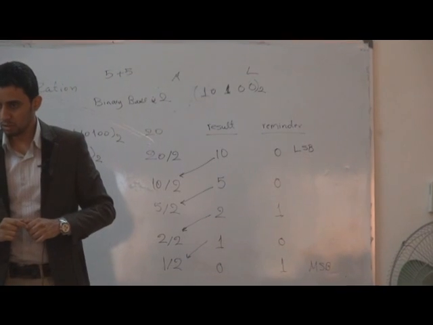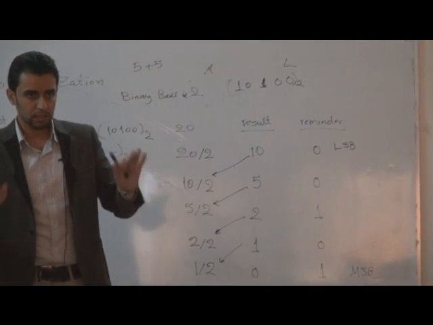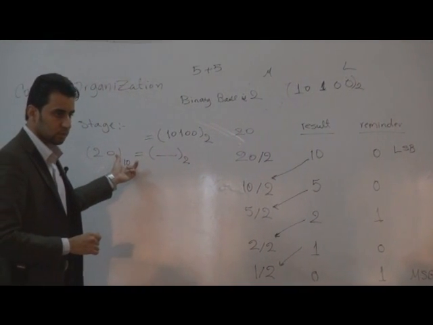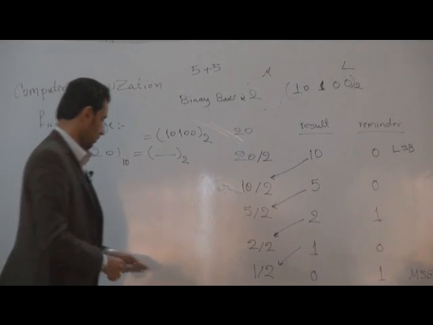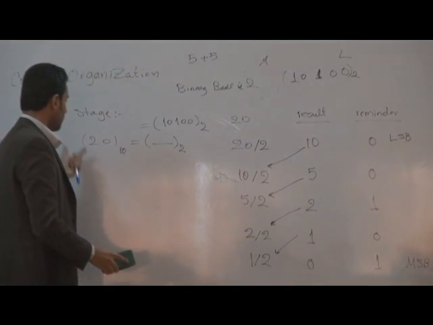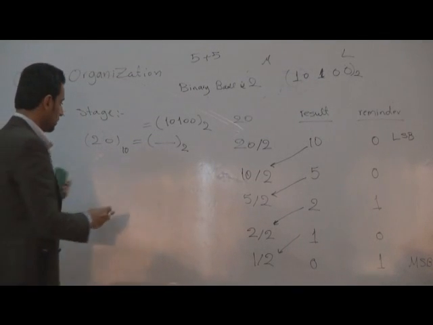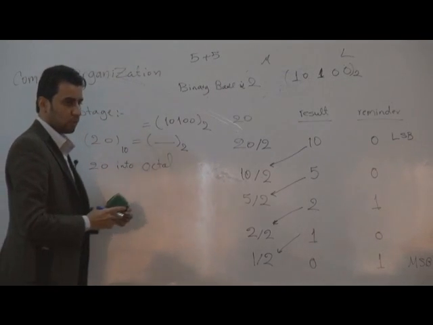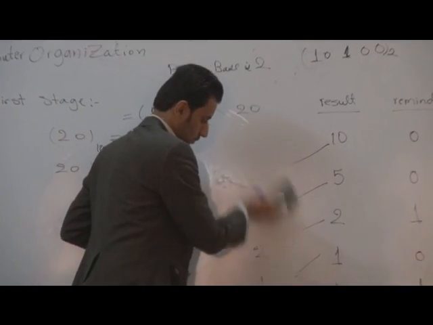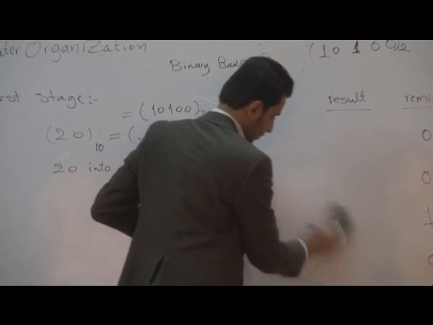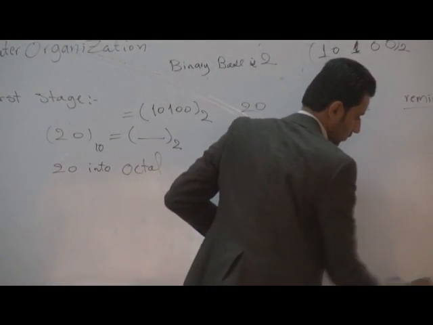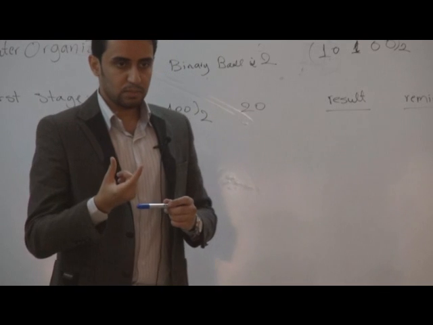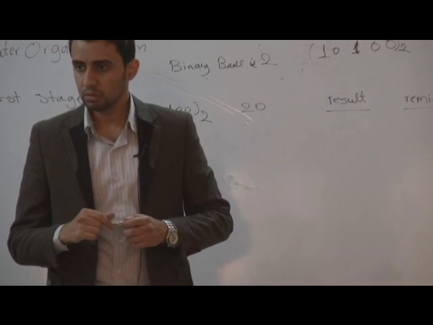Okay, is there any question? Clear? Okay. Now we have converted decimal to binary form. When we want to convert the same number, 20, into octal form, what do we have to do?